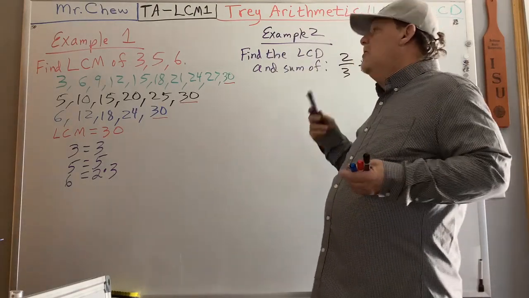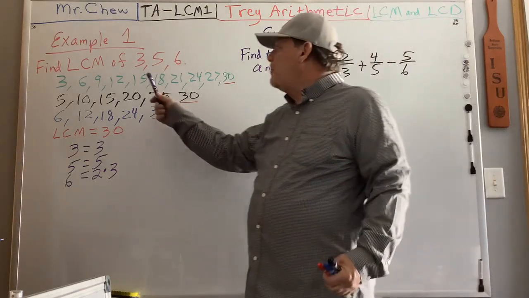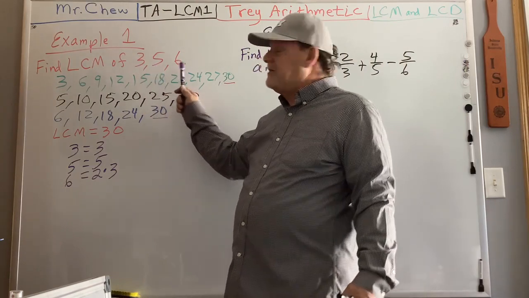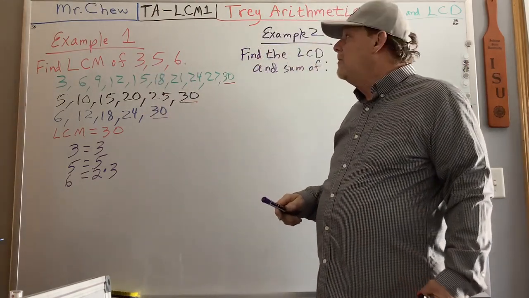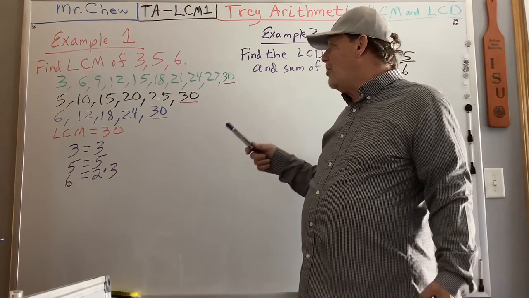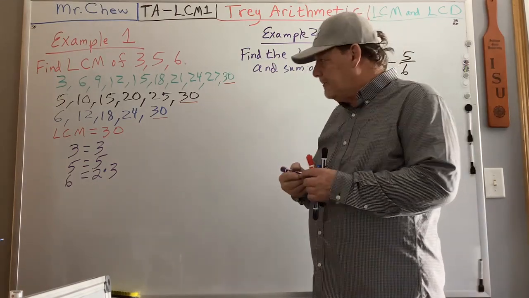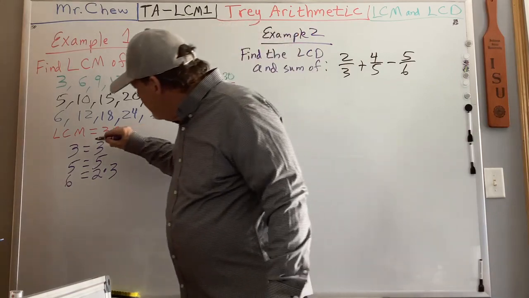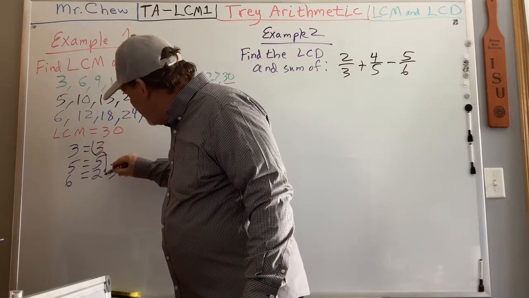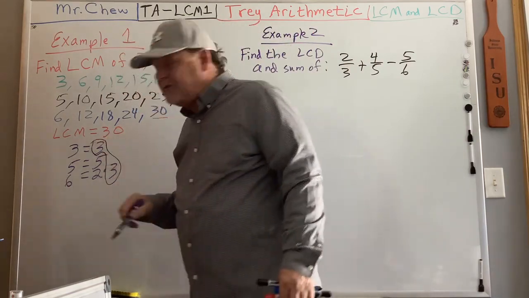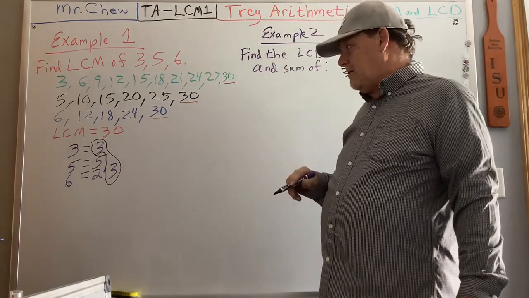Now, you could always multiply 3 times 5 times 6 to find a multiple, but it's not the least common multiple. It would have been bigger than 30. So here's why. You circle what's common in at least 2 of them.